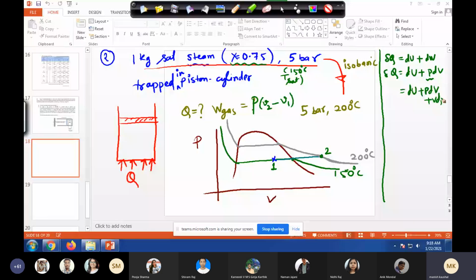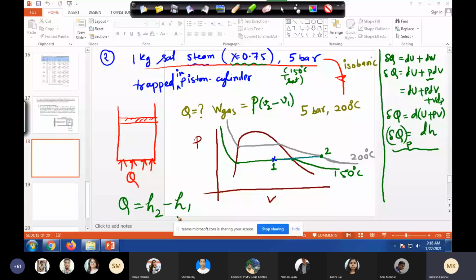So dQ is d of U plus PV, and dQ is dH at constant pressure. Since this is a constant pressure process, Q you can directly calculate as H2 minus H1. So we have the expression for work and for Q. Now we should get an answer.